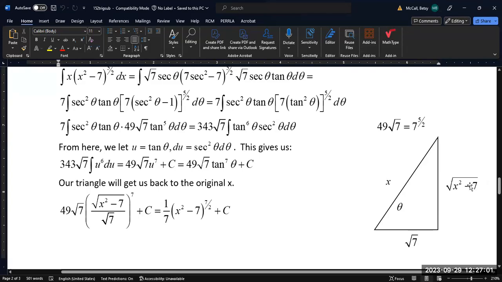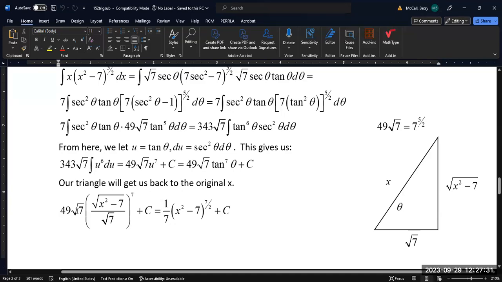What is the remaining side? It's going to be that radical that was in our original problem. It's c squared minus a squared under the square root. So now if I want to think about my tangent, it is opposite over adjacent. So it is the radical x squared minus 7 over radical 7. And all of that is raised to the 7th power.